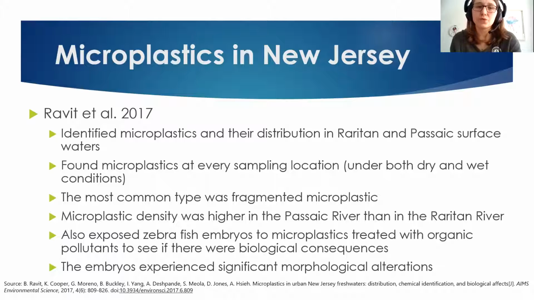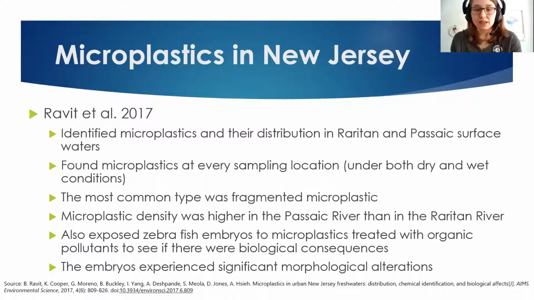And then they also wanted to look at the biological effects of these microplastics. And so one thing that happens to microplastics once they're in the environment is that pollutants, they're called POPs, persistent organic pollutants, will attach to the surface of those microplastics and mobilize that pollutant throughout the water or wherever it's at.